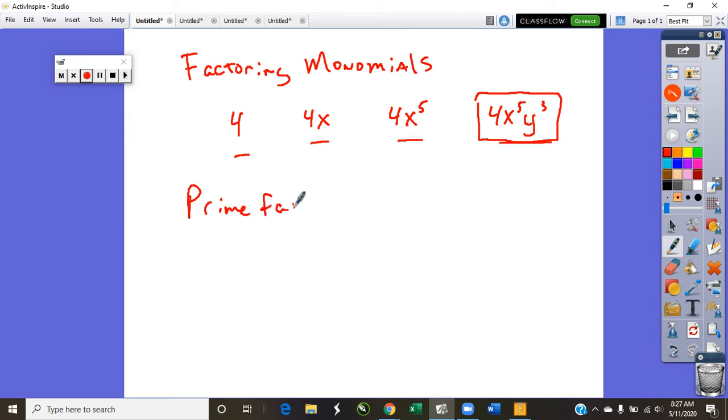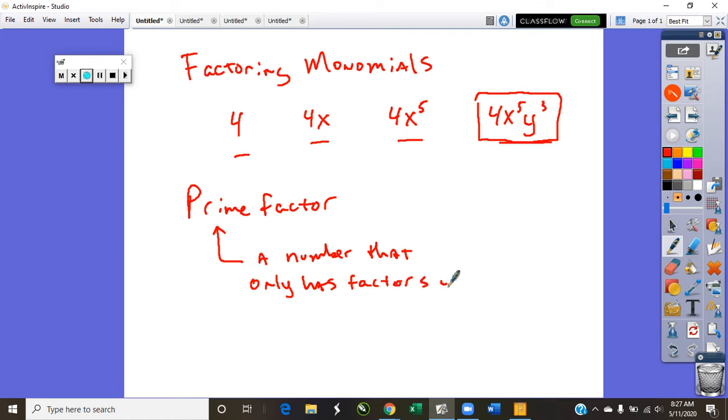A prime factor is basically factors that are made up of only prime numbers. And if you remember what a prime number is, a prime number is a number that only has factors of 1 and itself.